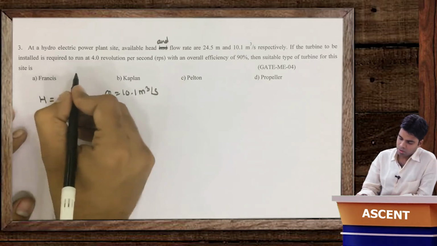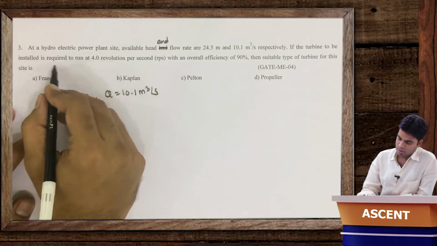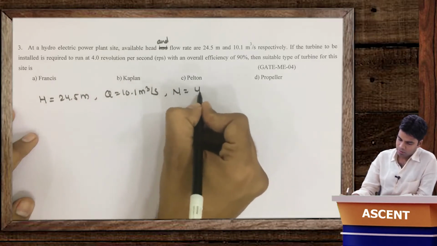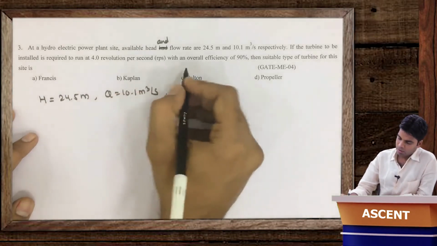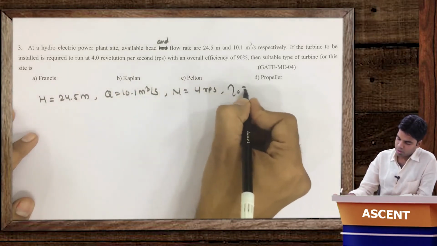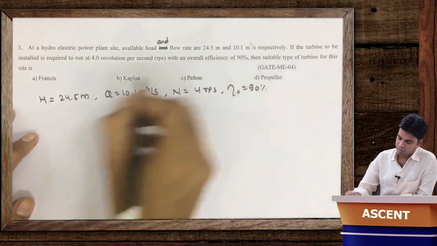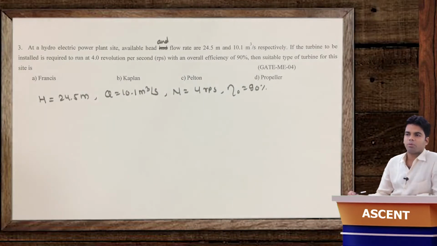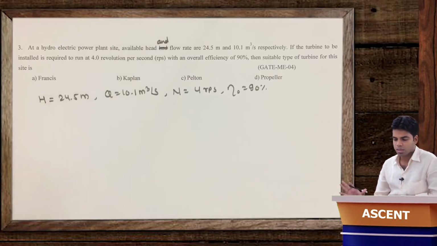If the turbine is required to run at 4 RPS, N is given as 4 RPS, with an overall efficiency of 90%, then the suitable type of turbine for this is? In order to determine the suitable type of turbine, we can determine the specific speed, then on the basis of the specific speed we can select the turbine. So this can be the process.